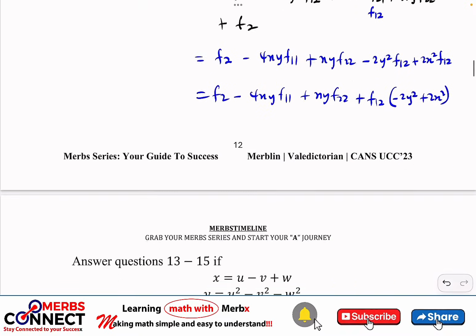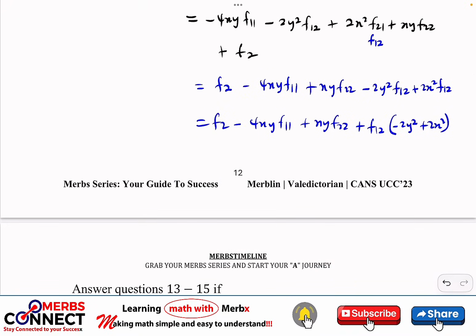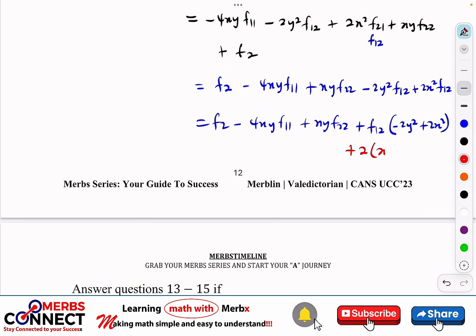So let's go and manipulate our solution here. Okay, so here I can factor 2 out, right? And when I factor 2 out, here will be left with x squared. Nice. X squared.